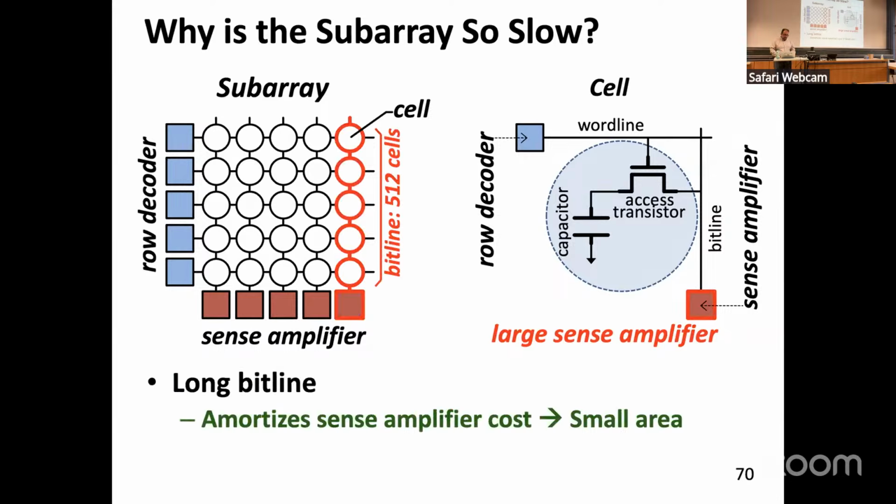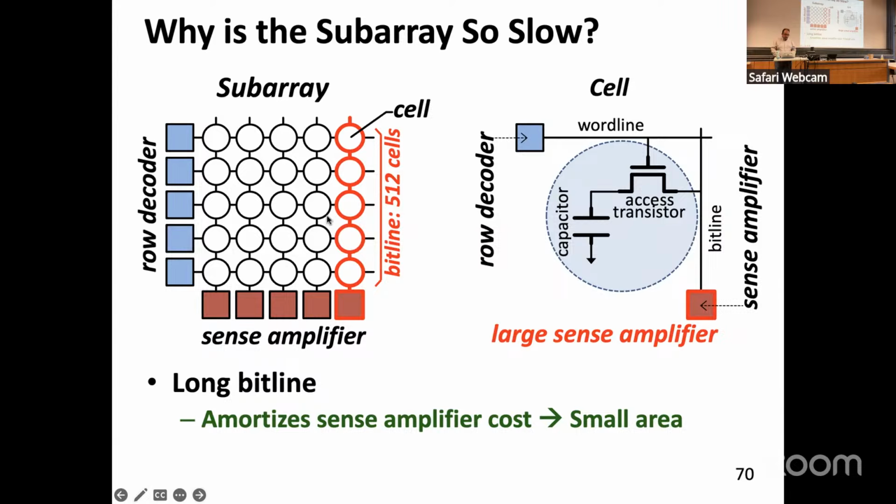The reason that people try to make the bitline long is that they want to amortize the cost of the sense amplifier. Sense amplifiers are large units, and you want to reuse one sense amplifier across several rows. With that, you can amortize the cost, right? That's why in DRAM chips, people use several rows in a subarray sharing the same sense amplifier.